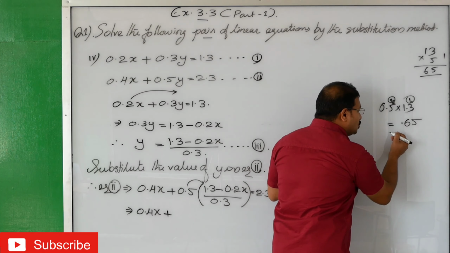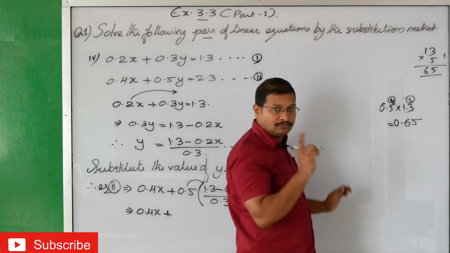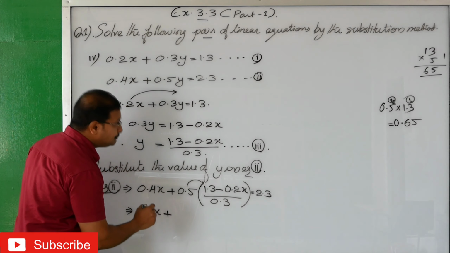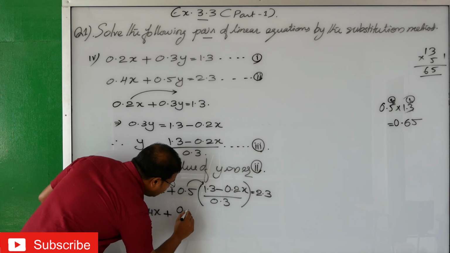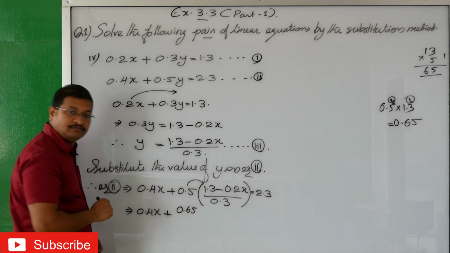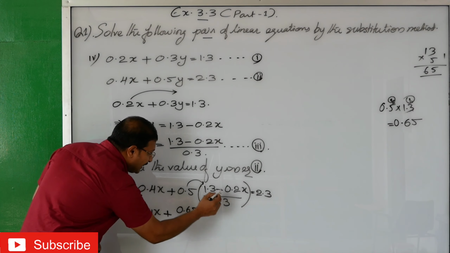And before that, there is no number, so put a 0. Okay. So we got 0.65. Ready? Now, plus into minus.